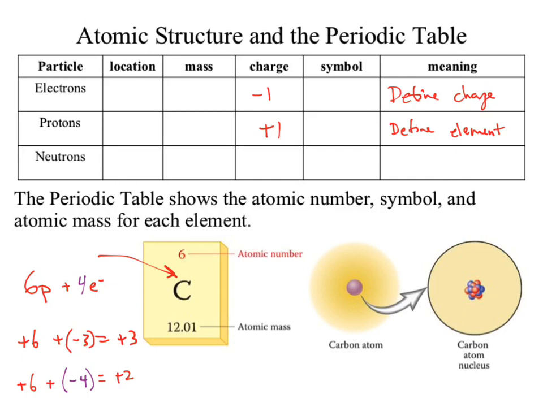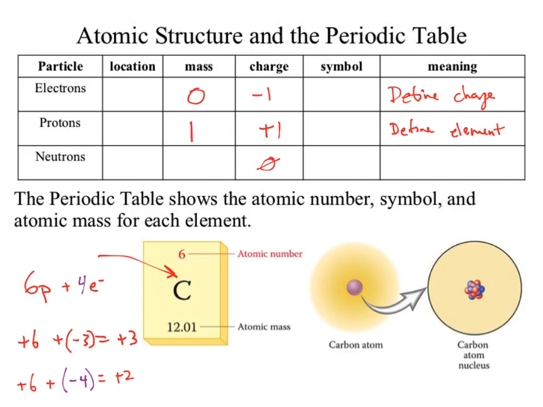What do we think the neutrons are going to do? Nothing, because the neutrons don't contribute to the charge, because the charge on a neutron is 0. So I completely agree. Neutrons have no contribution to the charge. But do they have no contribution to the element? No, they help us with mass. They change the mass.